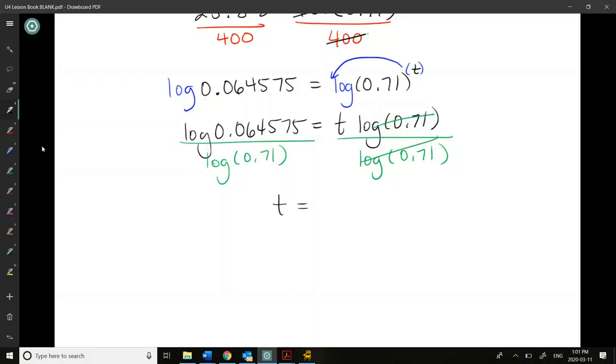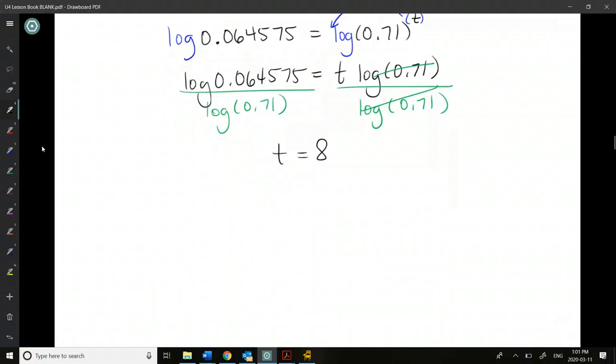So what did we get? 8.00001596. So I think we'd be safe to say about 8 hours. There are 4 zeros after that, so I think we're okay.